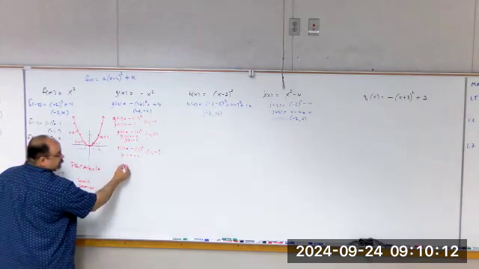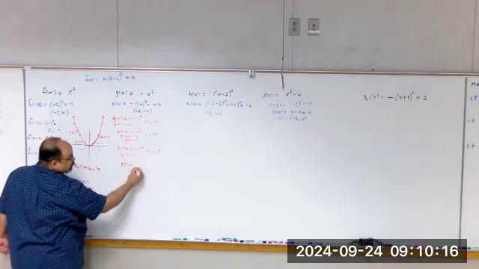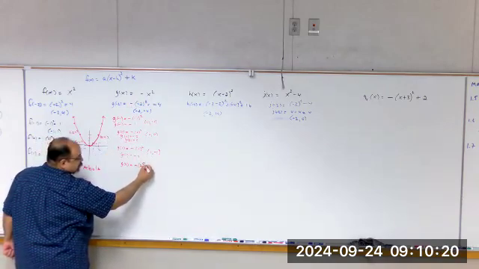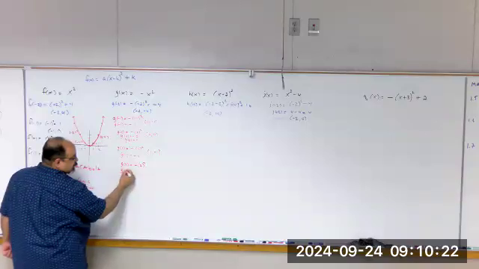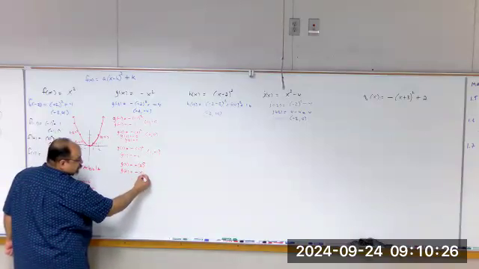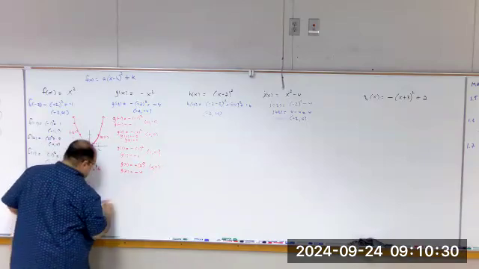When you plug in 2, there's a negative in front, then we square the 2. So g of positive 2 has this negative in front, and 2 squared is 4. So when 2 goes in, we get -4.